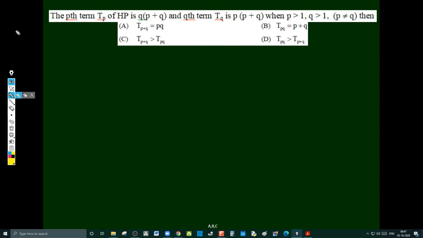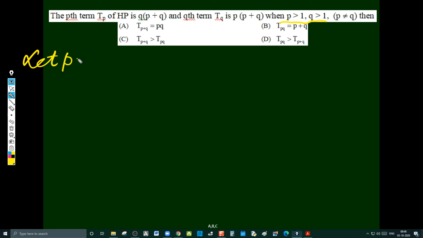So for this one, what you do now: p greater than 1, q greater than 1 given. Just check it out, please. Instead of going for the method, let us check it for any p, q. It should be true for any p, q. So let me write p greater than 1, q greater than 1.